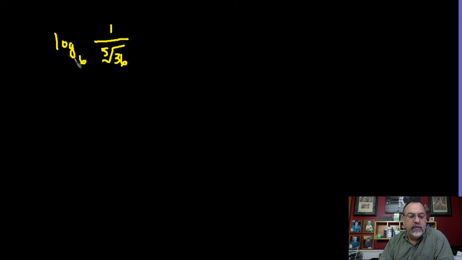Alright, so in this example, we have log base 6 of this value here. So again, what does this mean? To evaluate this means to change it into exponential, so I want to do that first. What is the exponent of 6 that will give me this expression here? Now again, I need the same base, and you can tell that these are not the same bases, so this one is going to need to be changed into a base 6.